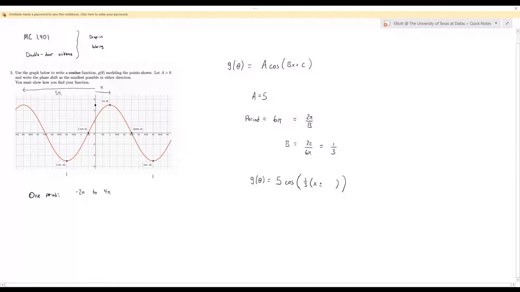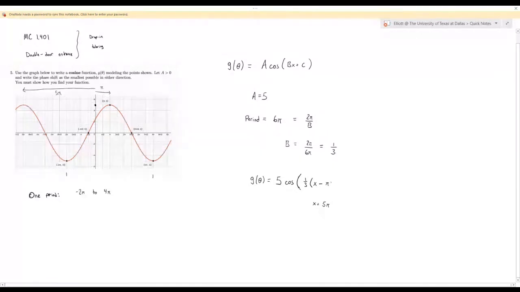So we could do x minus pi here to say that we're shifting to the right pi units, or we could do x plus 5 pi to shift it to the left 5 pi units, okay? But this one says to use the smallest shift in either direction, so that would correspond to shifting to the right by pi units, okay?